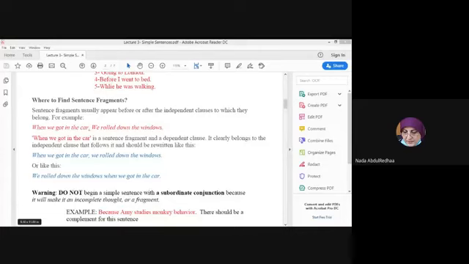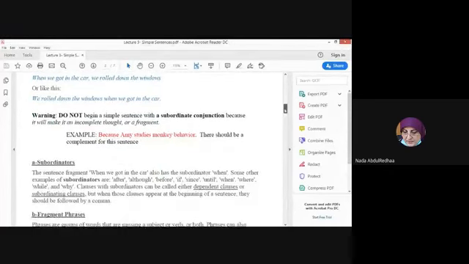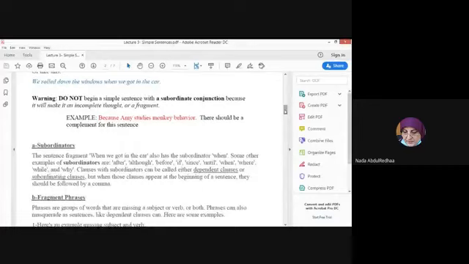Now there is a note under that. What is that note? Don't begin a simple sentence with a subordinate conjunction. What are subordinate conjunctions? Because, while, when, before, after, as, if. All of these are subordinate conjunctions. Why?